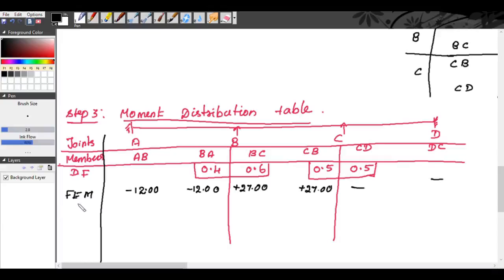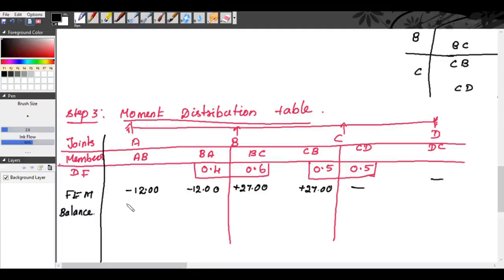Once we have determined the fixed end moments, because the extreme supports are fixed supports, we have to go for balancing. Otherwise, if the end supports are not fixed, we will go for releasing. If the end supports are fixed, we will go for balancing.